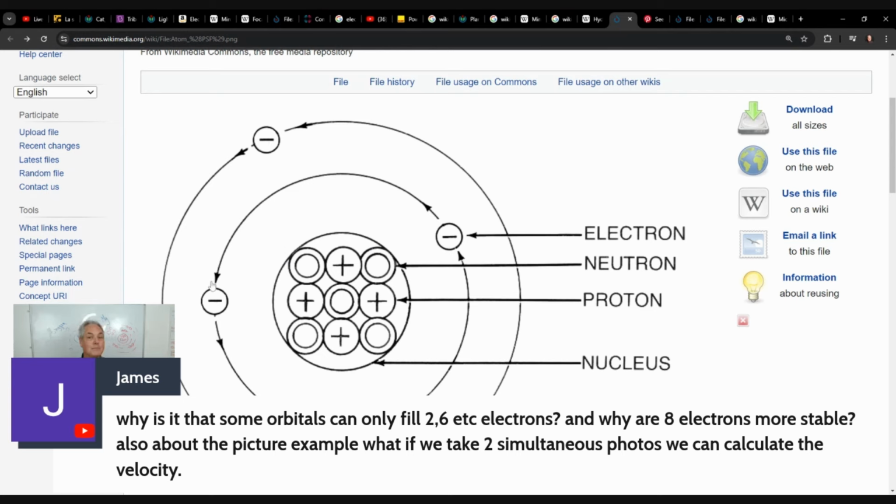Now keep in mind that it's possible that one electron can come closer and bump electrons out. It's very, very possible.